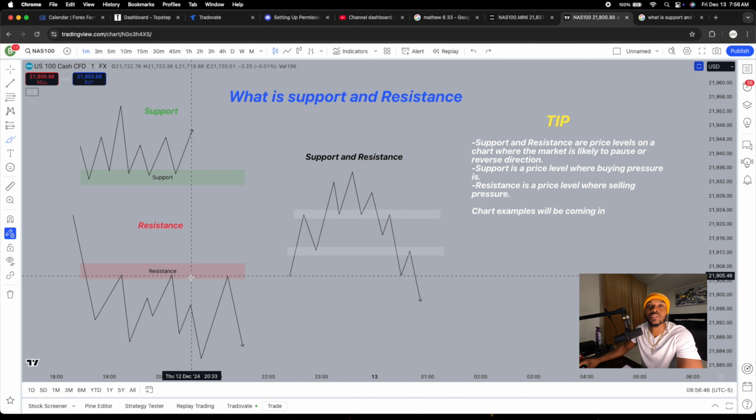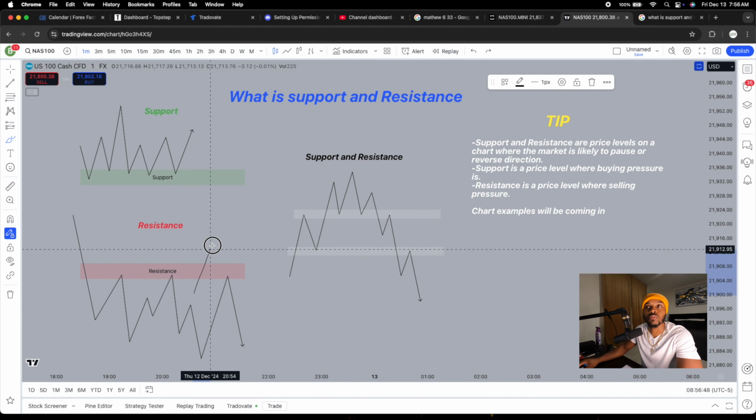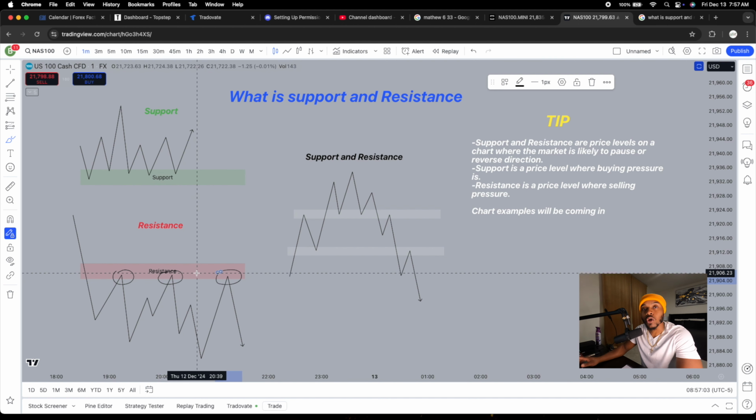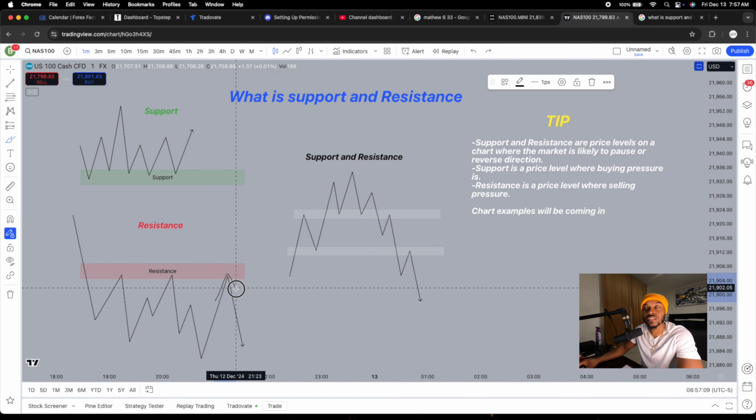And that only happens when that level is broken and then respected, meaning the price bounces off of that level. So right now, this is showing a level of respect to resistance because the level is holding and it is not being broken. Now, when you have this area of resistance that is then broken by price and it comes back and bounces off of it, it now becomes a level of support.